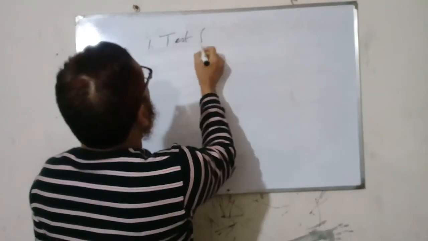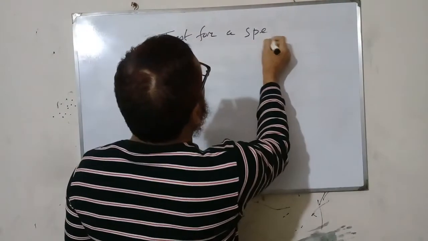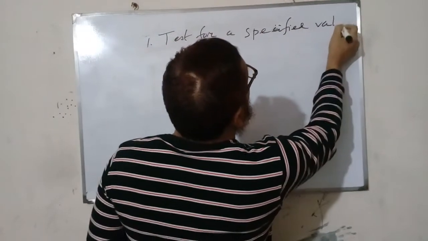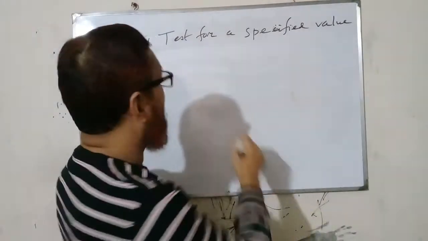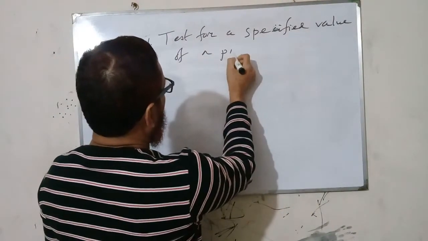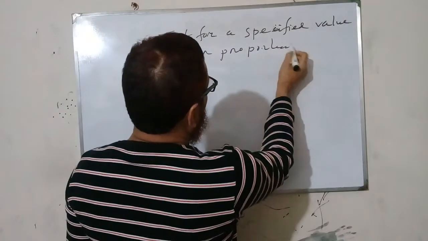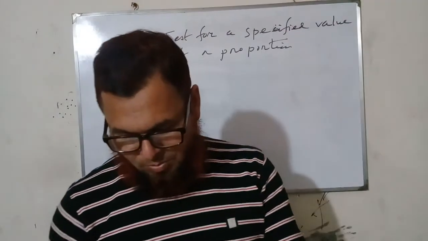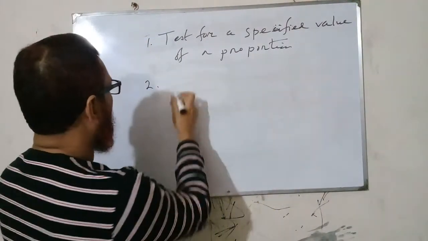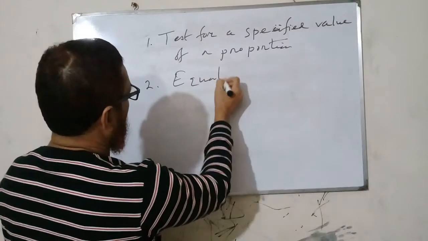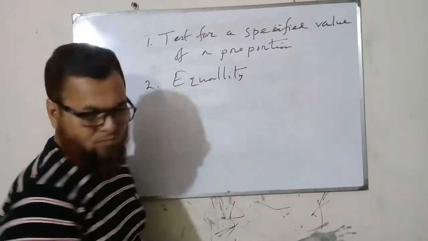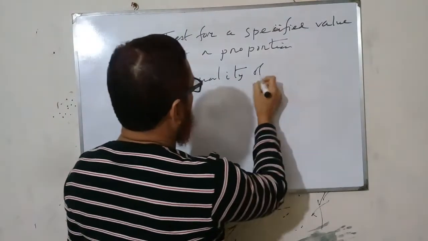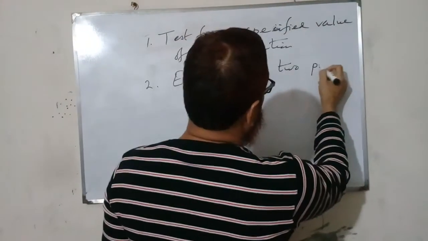At first, test for a specified value of a proportion, or single proportion. Number 2, equality of two proportions test.